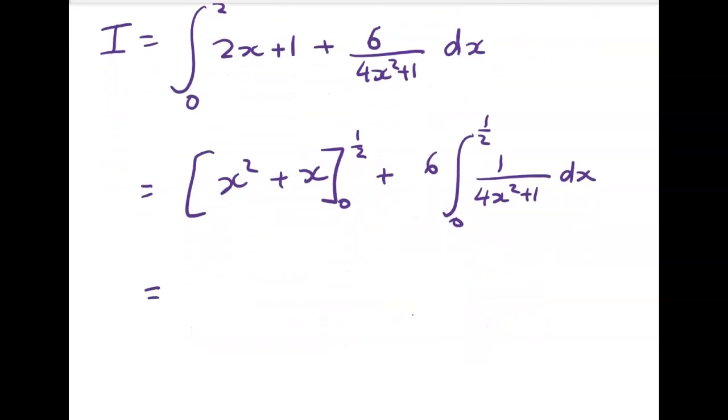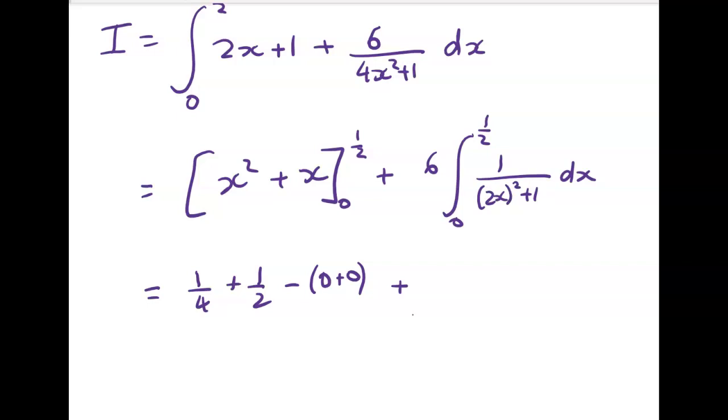So doing this bit first up, we get 1/2 squared, 1/4, plus 1/2, minus 0 plus 0. And in here, I can rewrite the 4x squared as 2x squared.